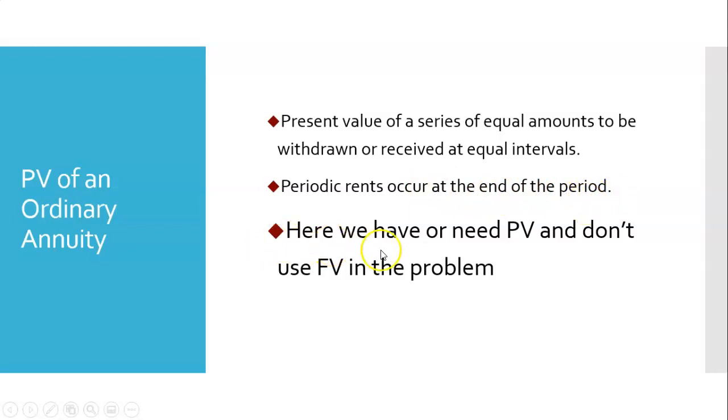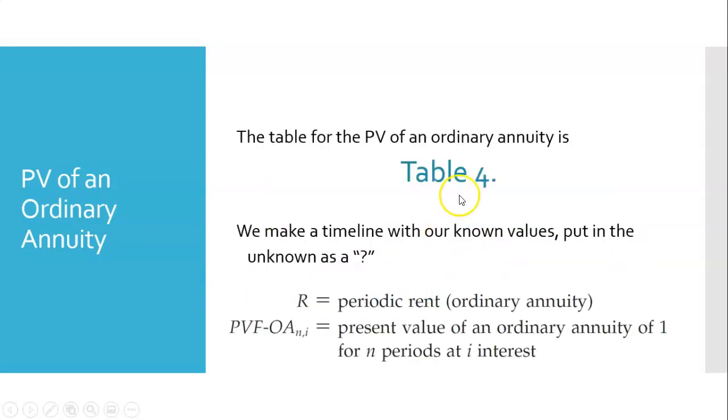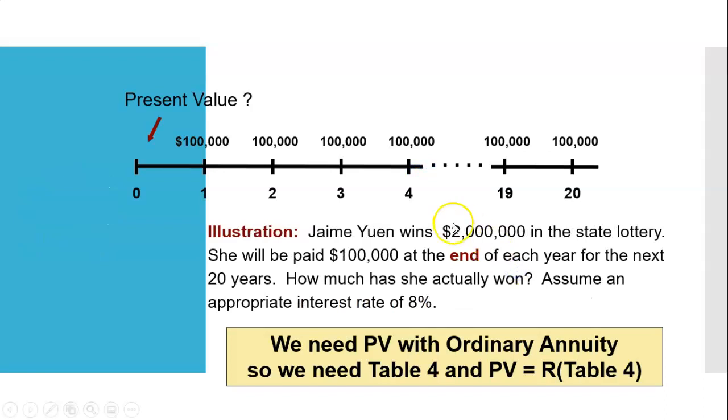So here we have or need the present value when we don't use an FV in the problem. What are we going to do for that? That is table 4. The present value of an ordinary annuity is table 4. Okay, we're still going to make a timeline, put in our known values, put in the question mark for the unknown value. Here is an example.